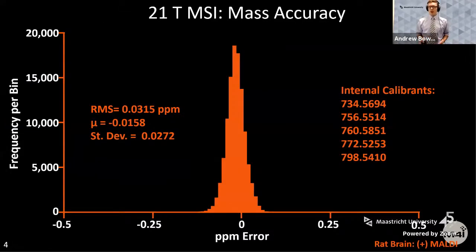Our mass accuracy on any of these experiments is floating somewhere around 31 parts per billion. And that's over tens of thousands of identifications of 6 different internal standards across 21,000 pixels.